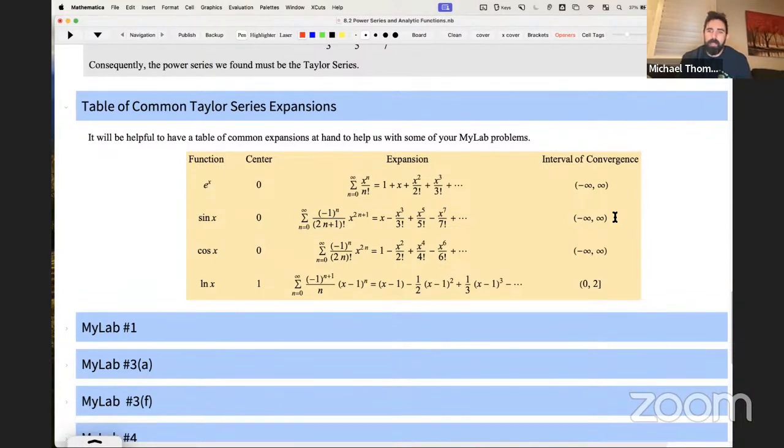The other reason that we use power series is not only to integrate these functions that are non-elementary, or to find integrals that are non-elementary, but it's also for approximations.